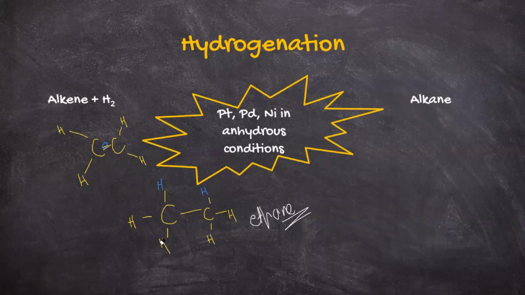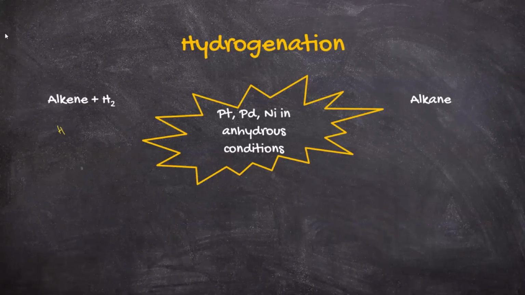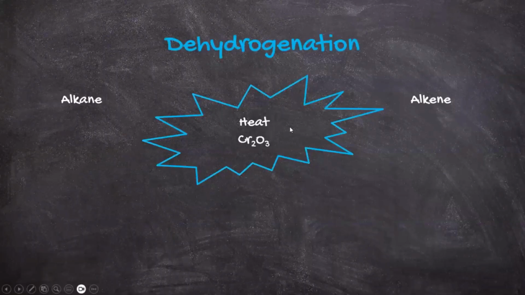So that is hydrogenation. Now, I told you that almost all the addition reactions are coupled to an elimination reaction, or have a sort of opposite elimination reaction. For hydrogenation, that's dehydrogenation. This is exactly the opposite.